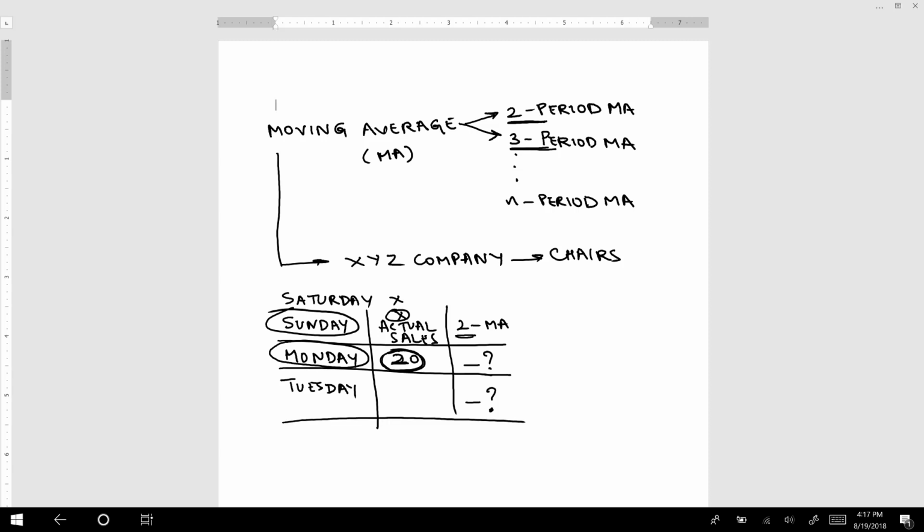And then if we want to predict Wednesday, we can do it at the end of Tuesday. Suppose Tuesday's actual sales is 30.